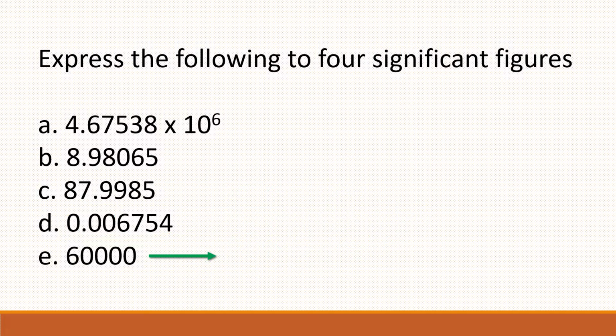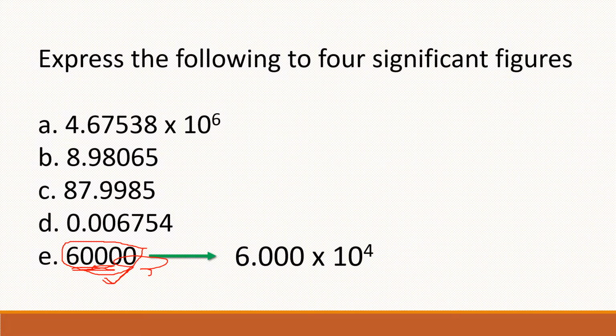The last one is 60,000. 60,000 has only one significant figure. But we should make it a 4 significant figure number. So what we have to do is convert it into exponential form.